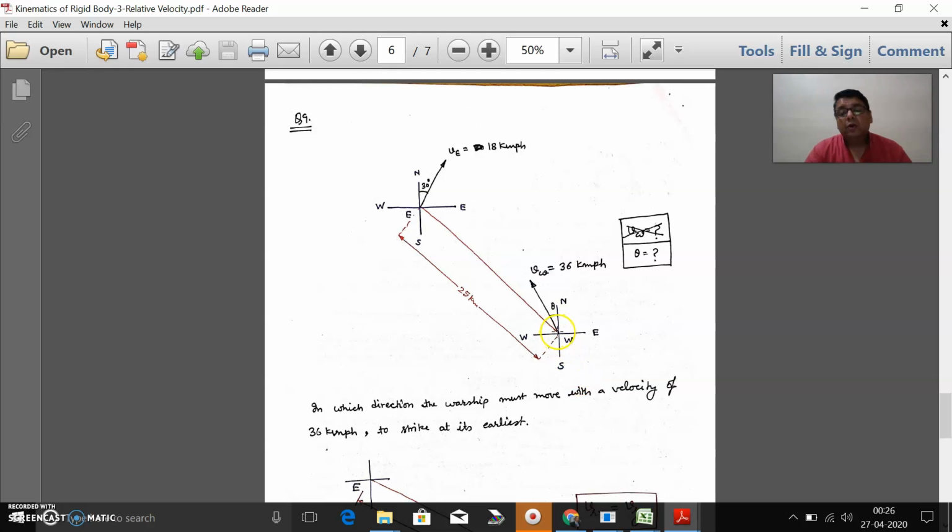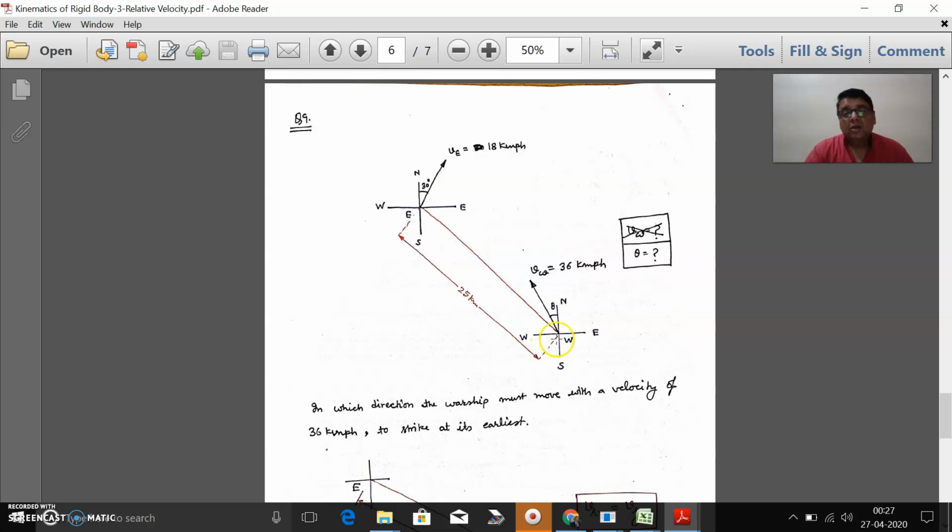What this means is that the relative velocity of warship with respect to enemy ship should follow this line only. I'll repeat again. The relative velocity of warship with enemy ship should follow this line only. That is the minimum 25 km distance.